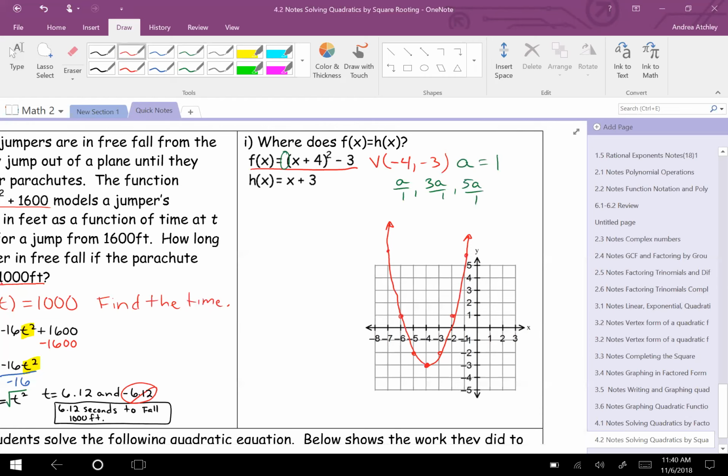Any questions over that? Okay, the next one is a linear equation. So you have to remember back to last year when you graphed a line, and it was y equals mx plus b. So you need your slope and your y-intercept. Does anyone know the y-intercept of that equation? Where is it going to cross the y-axis?